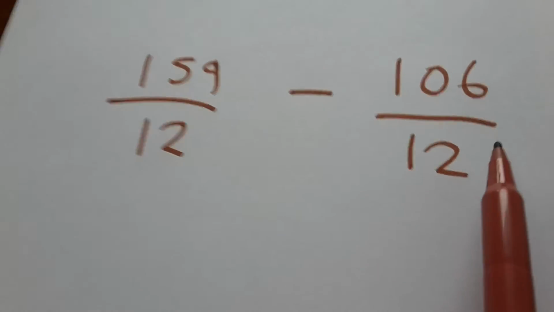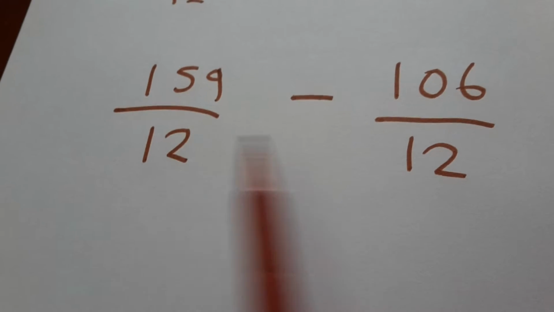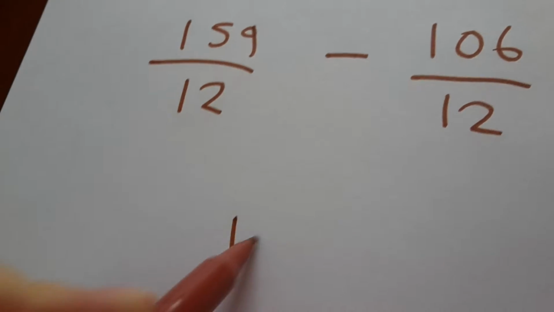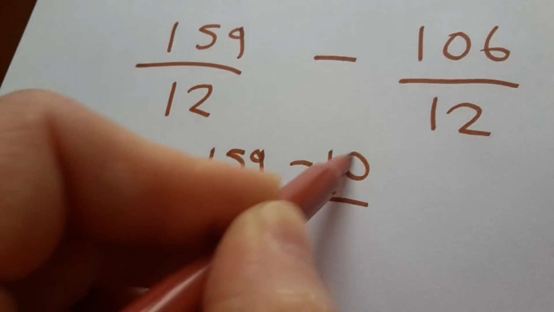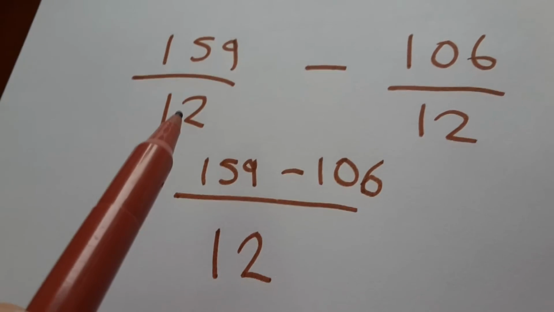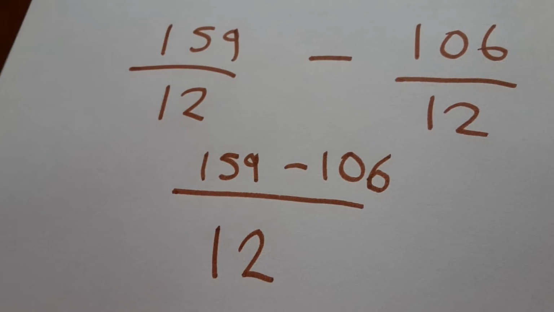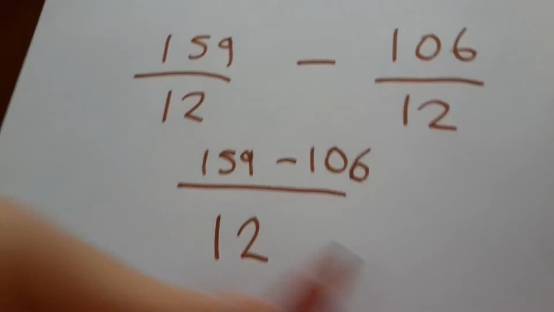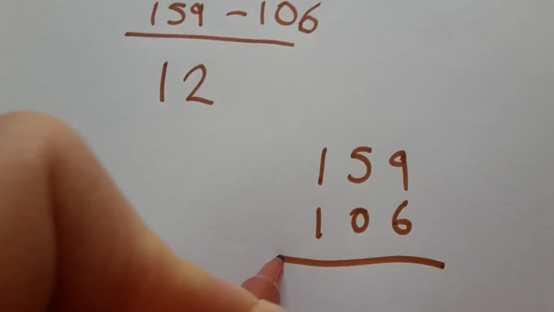Now, as I've told you in the previous video about adding and subtracting, once you have the same denominator, you can write them as one sum. So we can write it as 159 minus 106 over 12. Please do not do 12 minus 12. It doesn't make sense. It just gives you 0. So now what I need to do is take 106 away from 159.